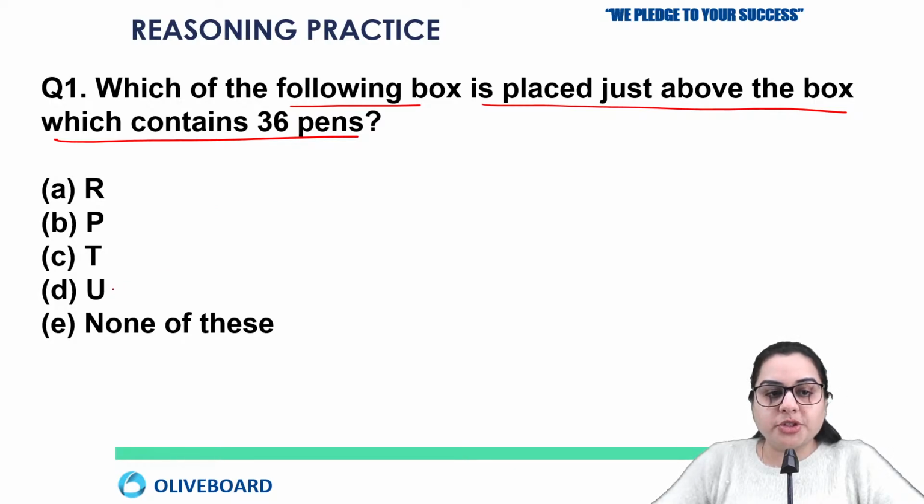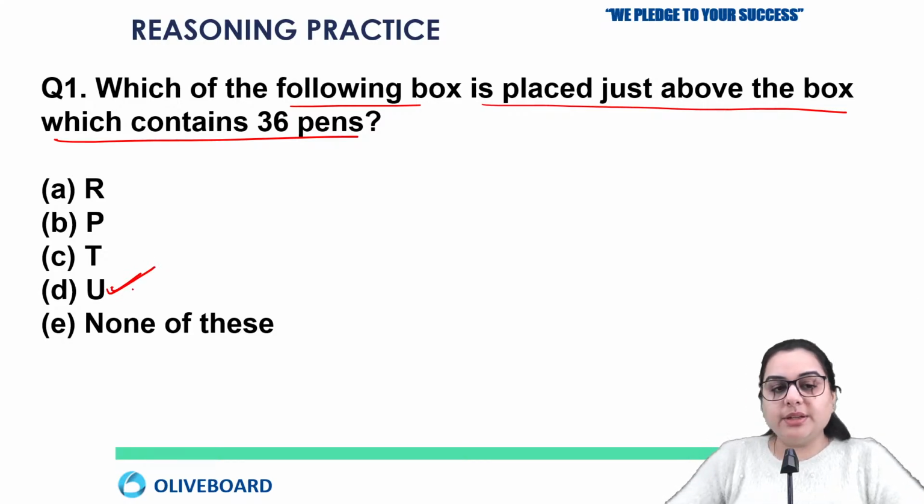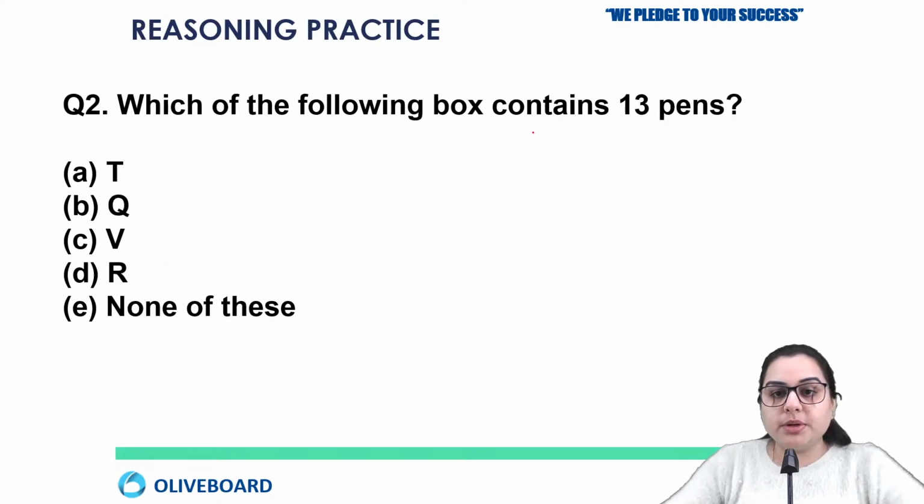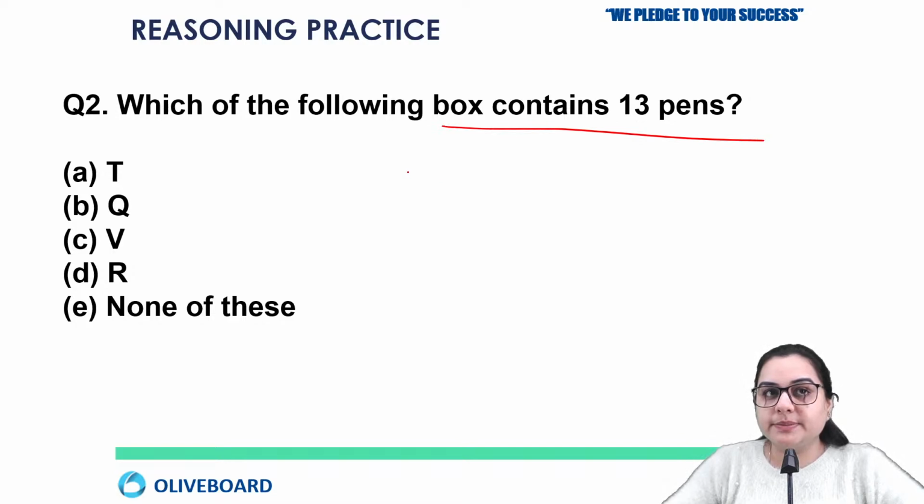So it is option number D, correct? That is U. So here the answer is option number D. Right. Next question. Which of the following boxes contains 13 pens?